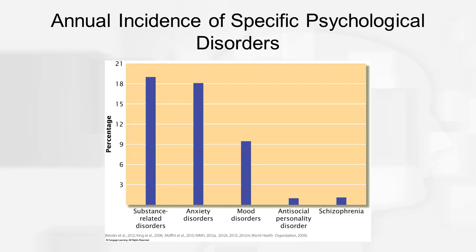It's several large-scale surveys of adults in the United States that have been combined, and it teases that data apart by specific psychological disorder. So you can see which ones people seem to be typically struggling with.